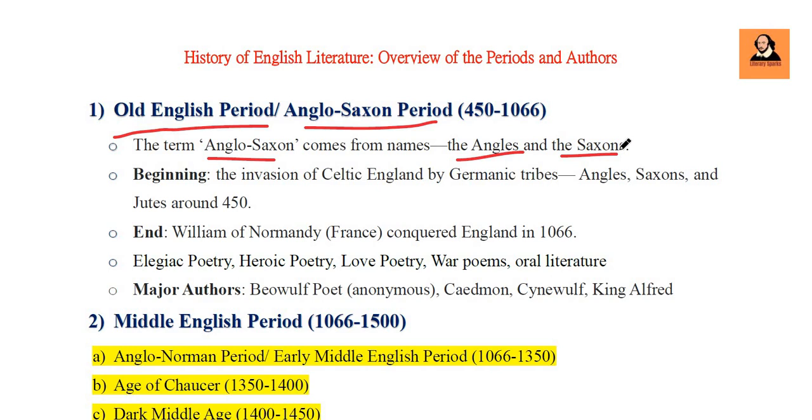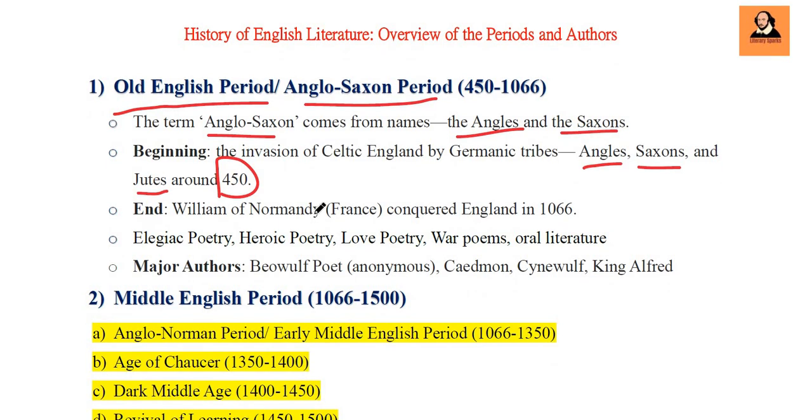These were two Germanic tribes, and they invaded Celtic England along with the Jutes. So there were three Germanic tribes, Angles, Saxons, and Jutes, who invaded England around the year 450. With that, the Anglo-Saxon period or Old English period in the history of English literature began.